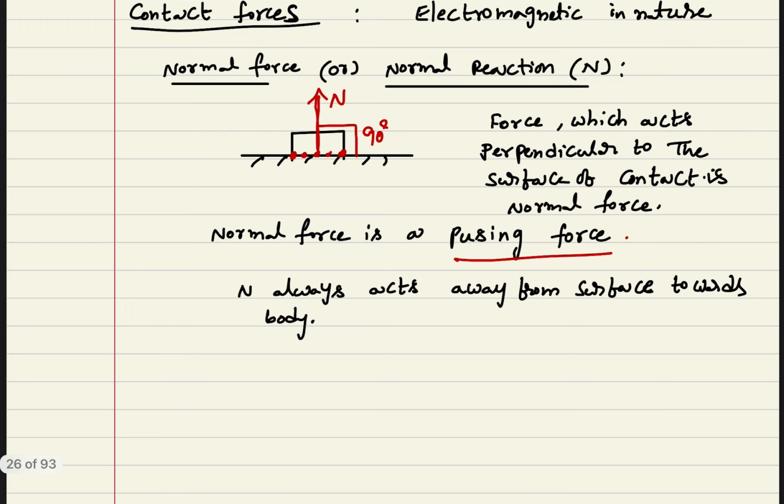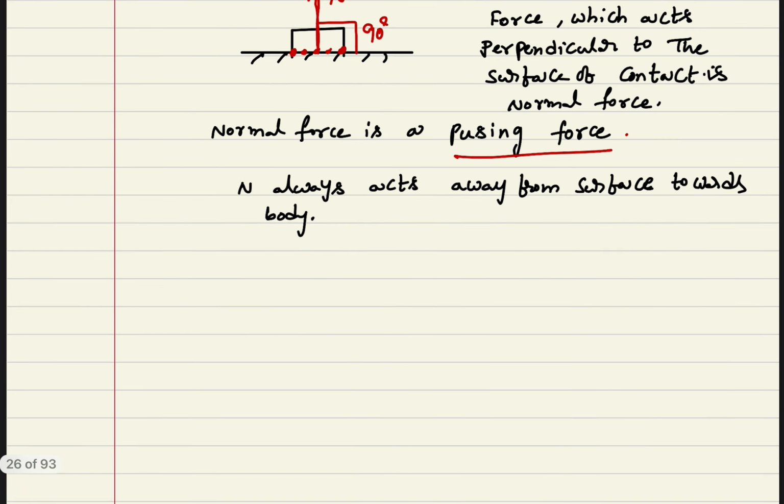I am going to write the different normal forces, how this normal reaction free body diagram is there. If I take the vertical wall, a body of mass m is placed here, and I have applied a pressing force. I have pressed this body of mass m against the wall. You can see this wall is having contact with the body.